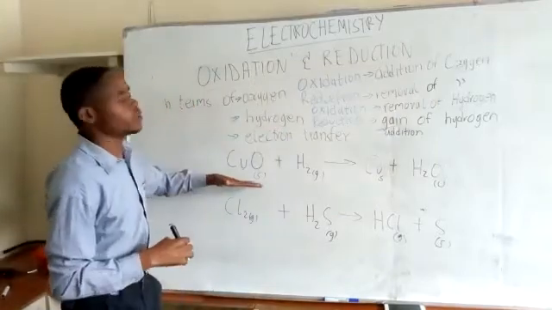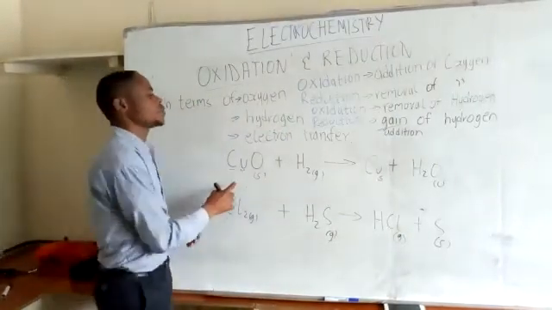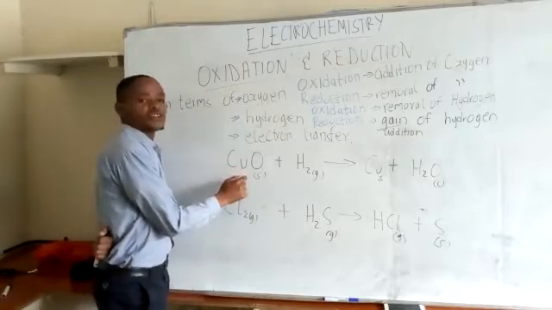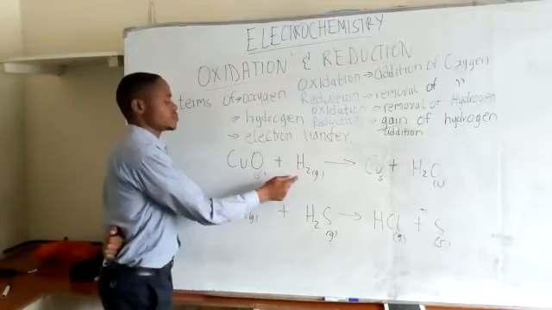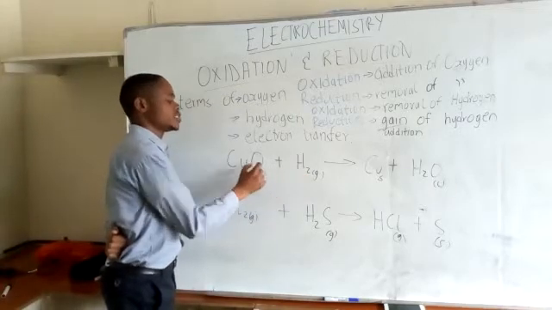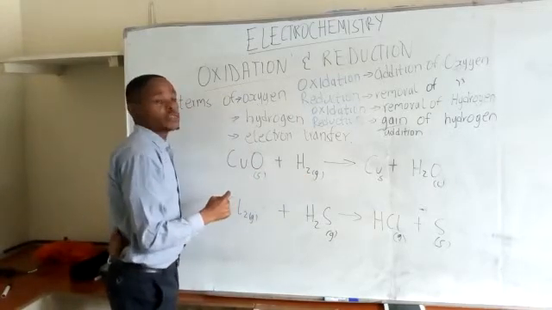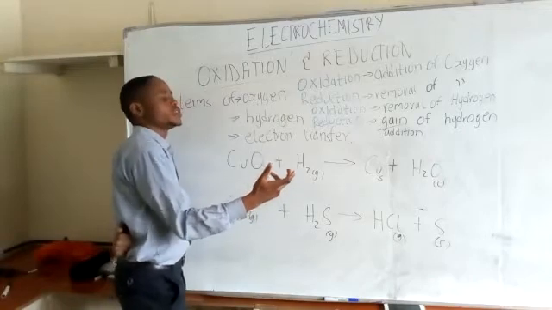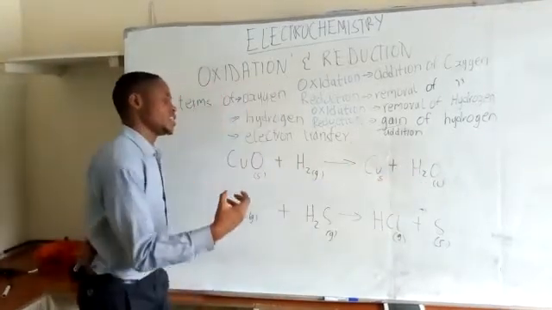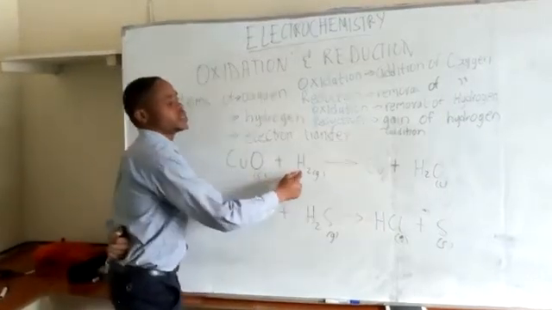A good example is when we react copper oxide plus hydrogen gas. Once you react these two, hydrogen takes the oxygen from copper, so we end up forming copper solid plus some water. So we say hydrogen has been oxidized.